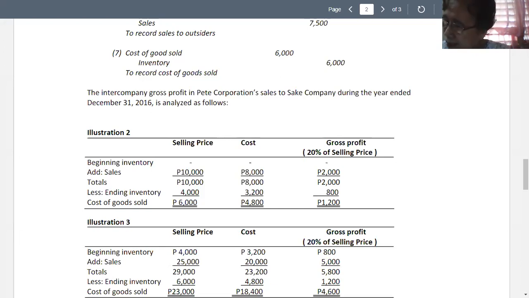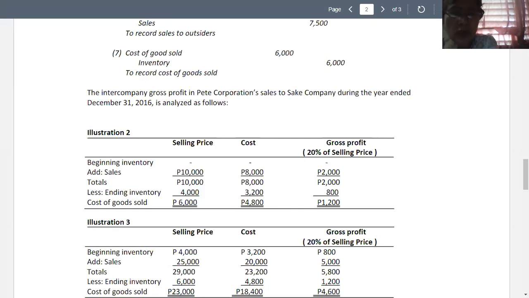Of this, 6,000 remains in the ending inventories of SIG Company on December 31, 2017.